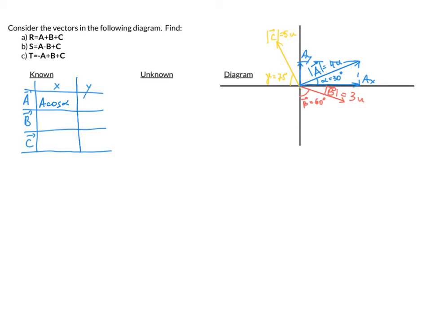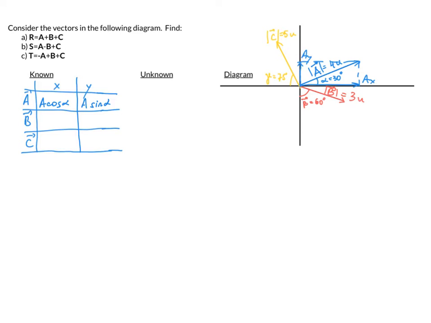Once I know that the x component is a cosine alpha, I will know that the y component is a sine alpha. And here I'm not going to write a, b, and c in absolute value. When I just write a letter without a vector symbol over it, what I mean is that I'm using the magnitudes to compute these ax and ay.